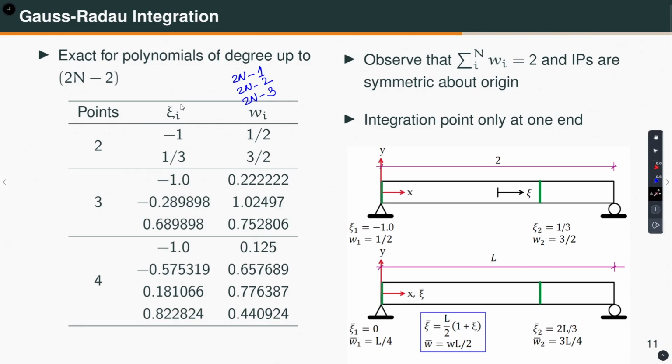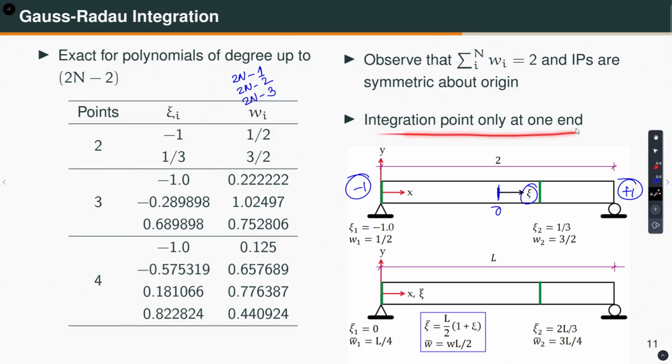Now, let us look at the location of the integration points. When I take the element length from minus 1 to plus 1, so let us say this is minus 1 and this is plus 1, my psi is starting at the center, this is 0, then one integration point is here, that is the green I am showing here using the green color, and then the other integration point is at a distance 1 by 3, which is this, and there is no integration point at the other end.